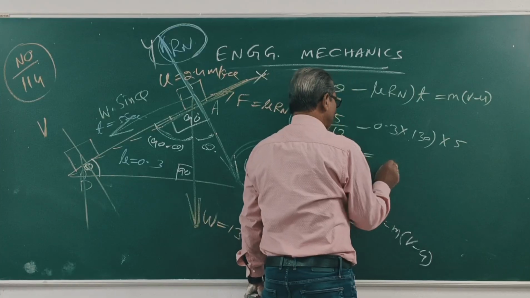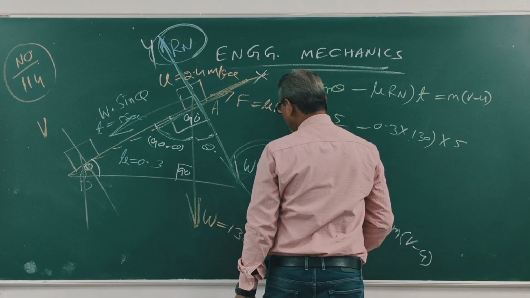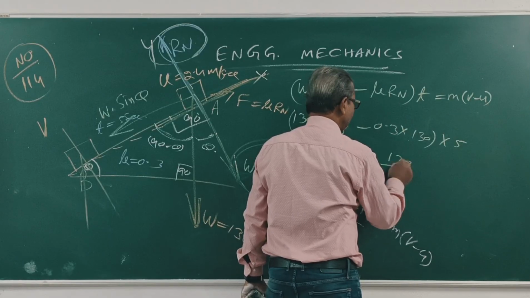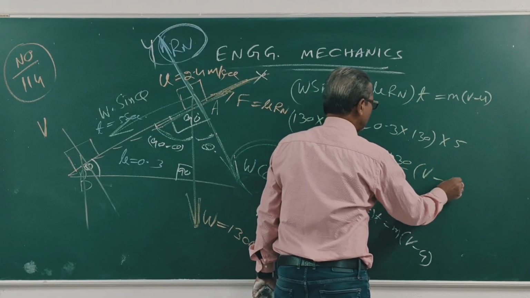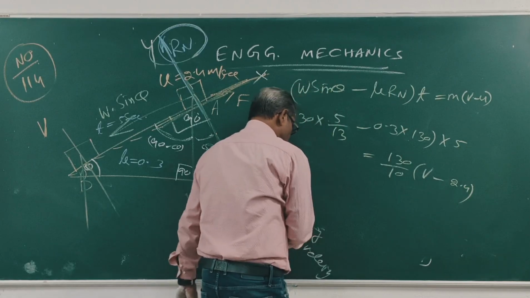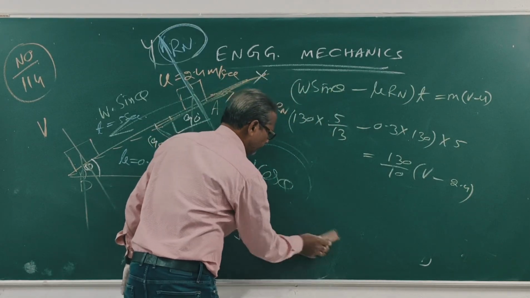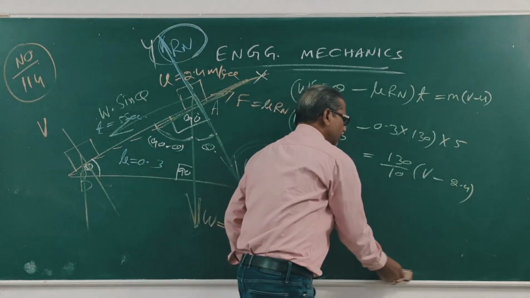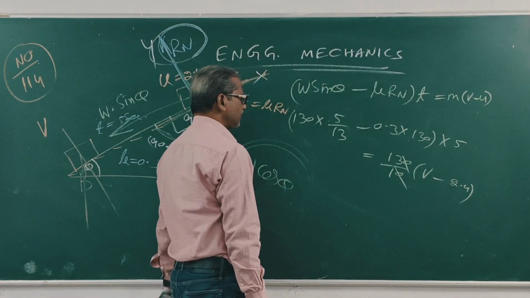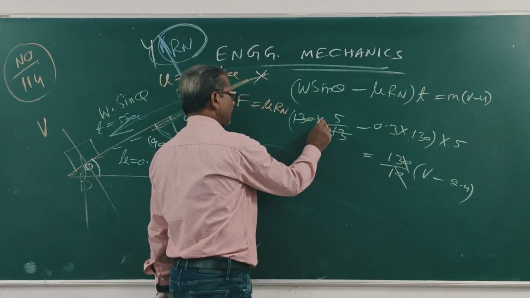m into v minus u. What is m? W by g, 130 by 10, into v minus u, 2.4. Right? Now find what is the value of v. The zeros cancel, 10.